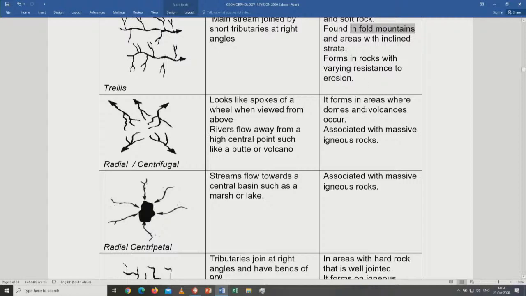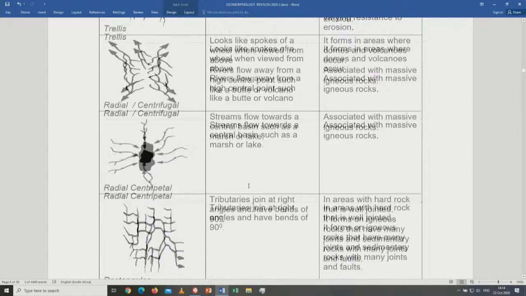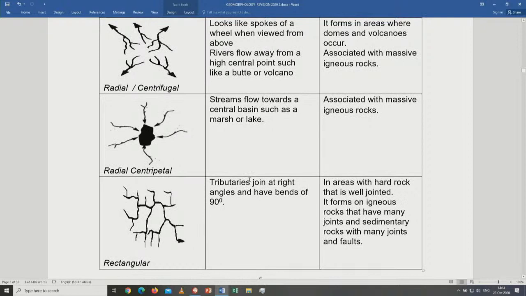This is the underlying rock in most cases. And then radial centripetal: streams flow towards a central basin, such as marshes or a lake. In terms of the underlying rock, it is associated with massive igneous rocks.